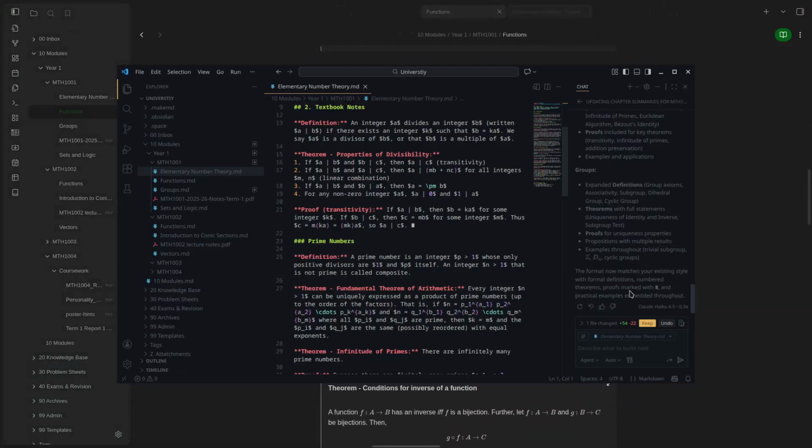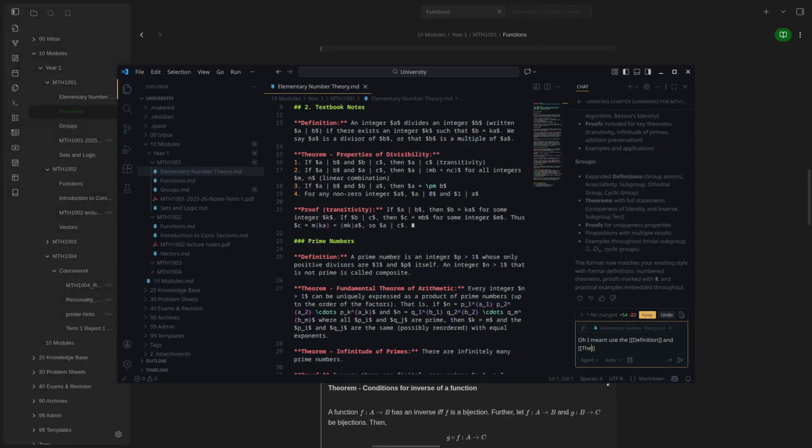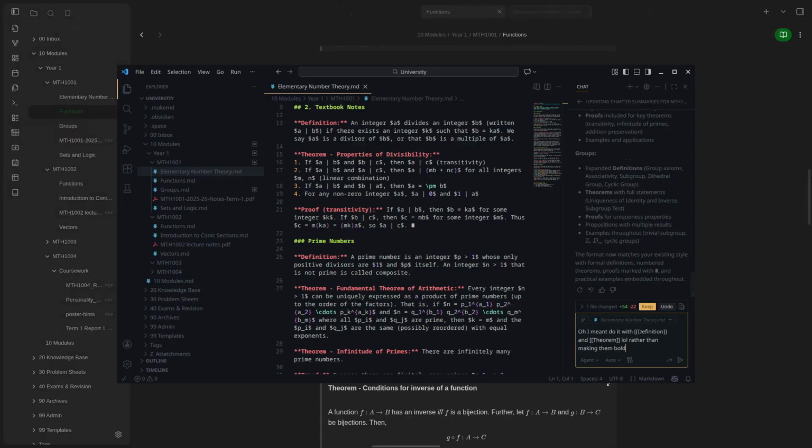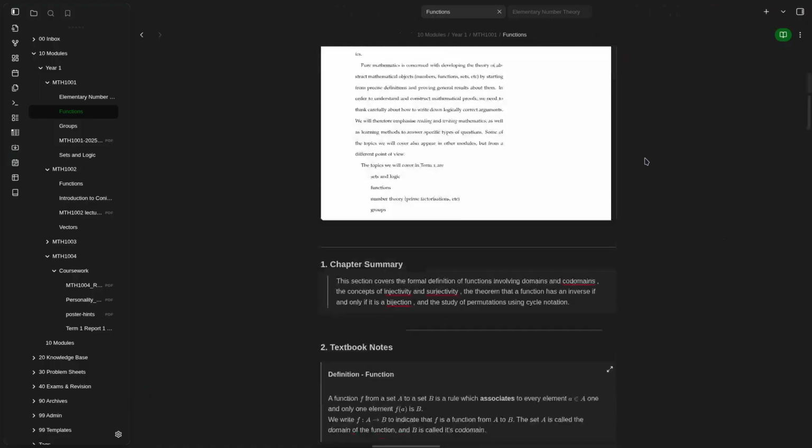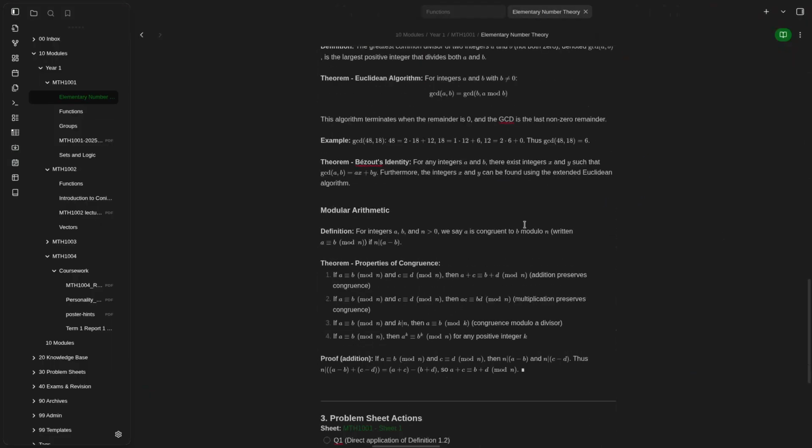I'm giving it a chance. I just want to see how it works. Maybe it will do it. Maybe somehow. If it does it, it will actually be quite impressive.